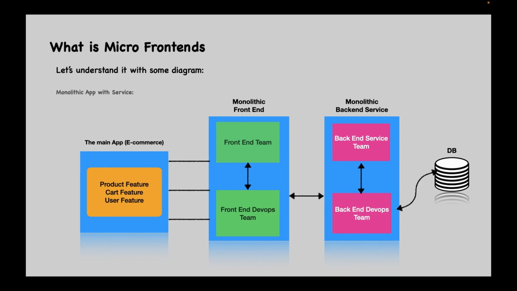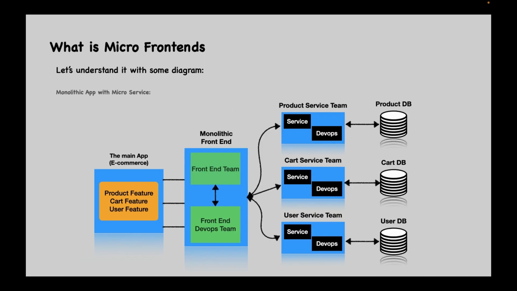To overcome this problem, they introduced another architecture, in which the same application uses the same front end, but that front end can be connected to different servers, which we can call services, and each produces different features.